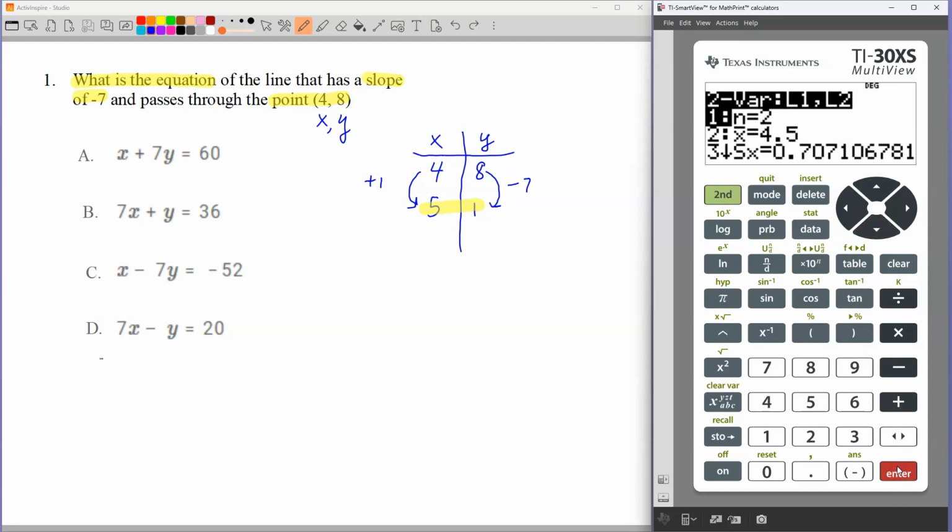Now you get some more scary stuff. What you want to do is find your A and B value. That's what you're looking for. What does A equal? And really more important for this problem, we're really looking for what B equals. So if you look at the first row here, it says number 1, n equals 2.